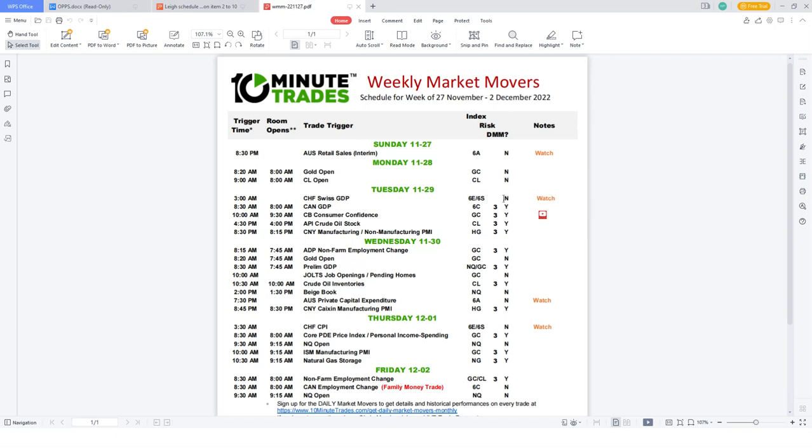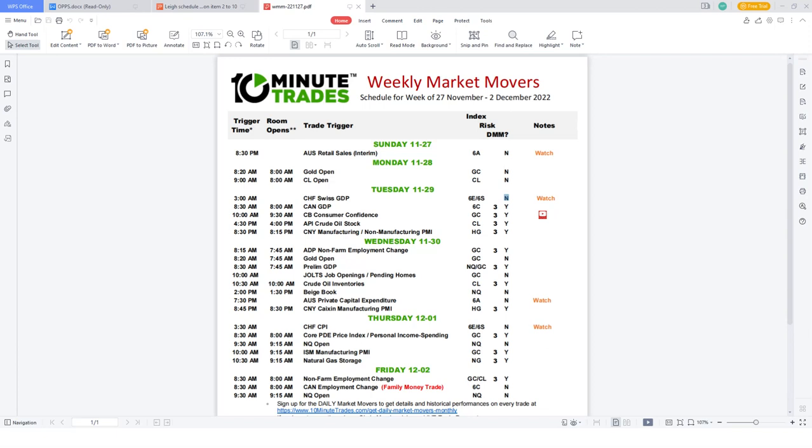The daily market mover is our daily report. It gets sent out the day before the event so you can get ready for the event, and it has the trade setup on it. I'll go through the daily market mover in more detail in a second.